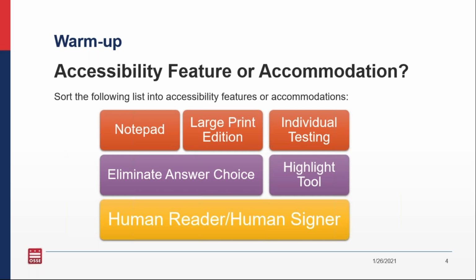I'm going to give you a moment to mentally separate these into accommodations and accessibility features. You can either write them down or just separate them into groups in your mind, but I will give you a moment to do so. Again, which are accessibility features and which are accommodations.